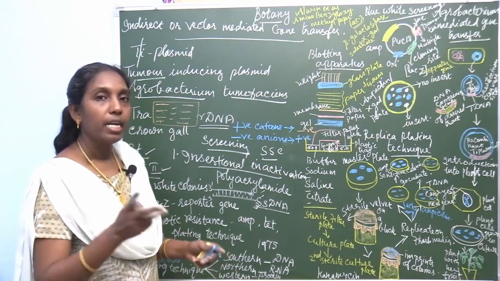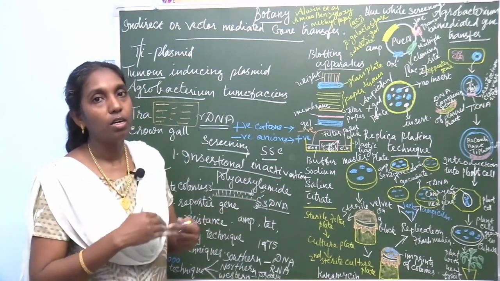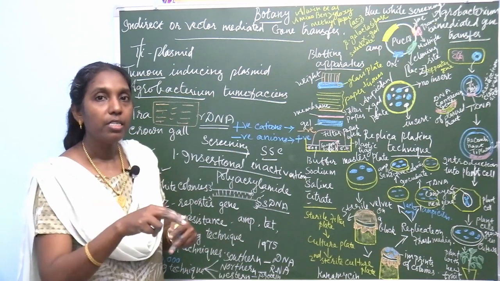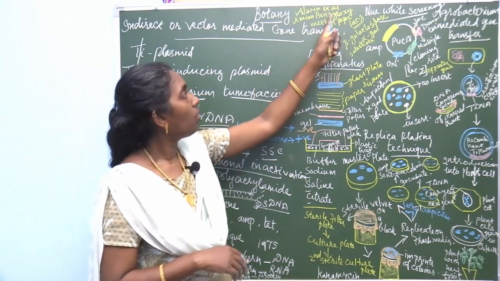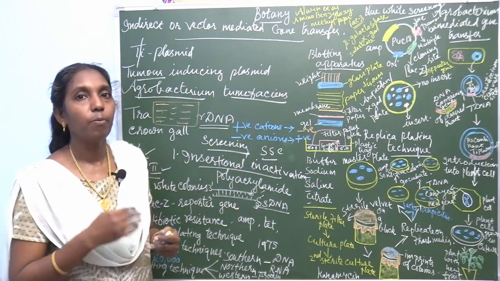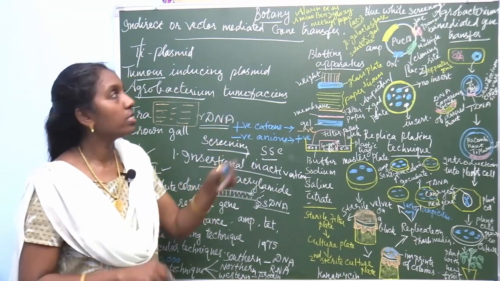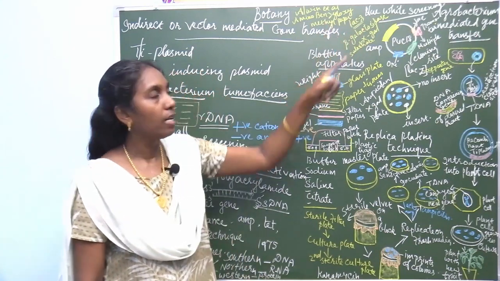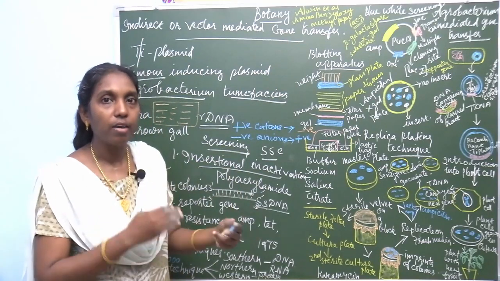Then the next technique is the Northern technique, for transfer of RNA. Actually, RNA may not bind with the nitrocellulose filter paper. So, Alwine et al. found a new procedure for binding. He used amino-benzyloxy-methyl paper to transfer the RNA from agarose gel.